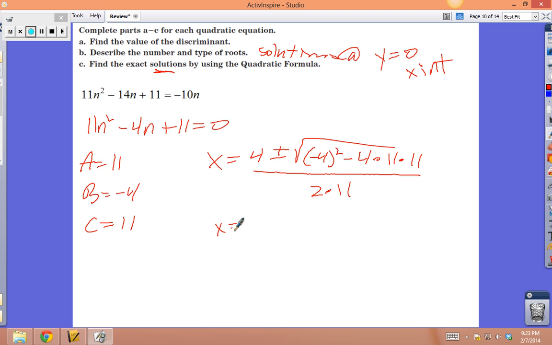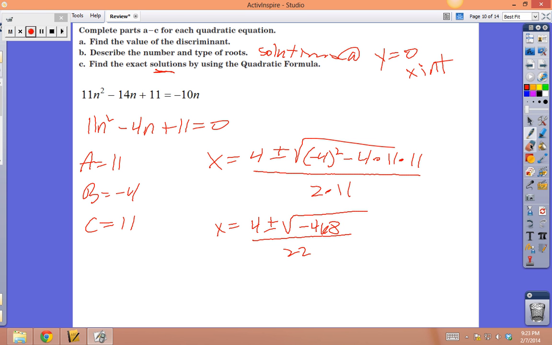So this is going to give you 4 plus or minus the square root of a negative 468, all divided by 22. Okay, now your discriminant is this negative 468.